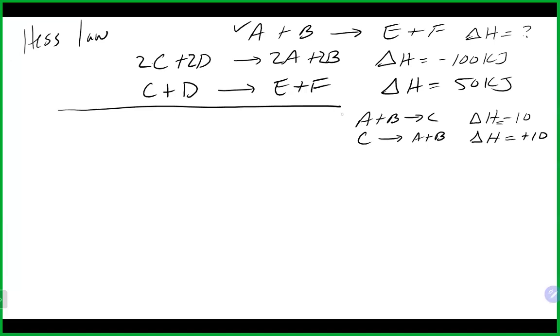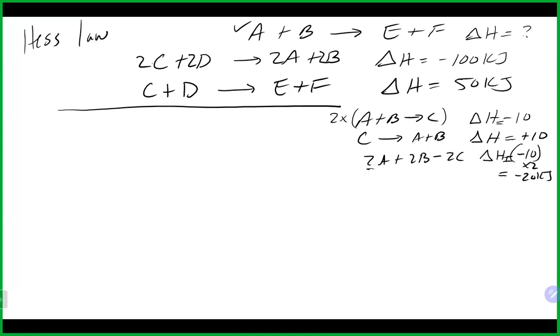If we need to multiply this equation by a common number, that would give us 2a plus 2b goes to 2c. How that affects the delta H is it will be -10 times 2, or -20 kilojoules in this case. So we have to multiply the delta H by whatever number we multiply the reaction by.